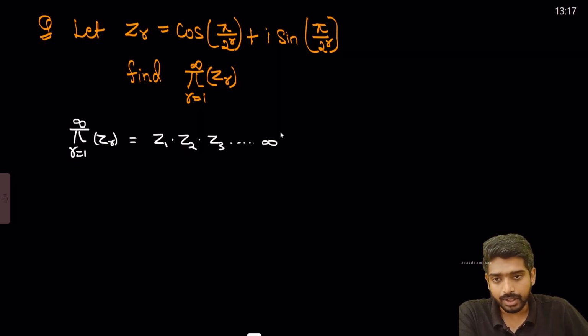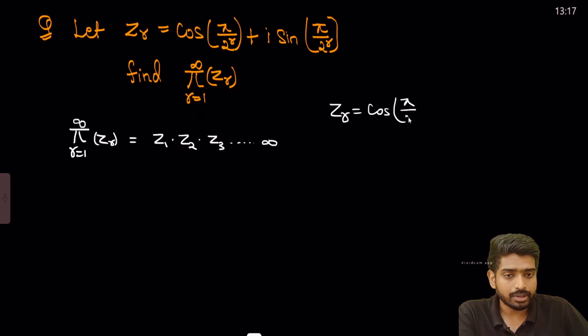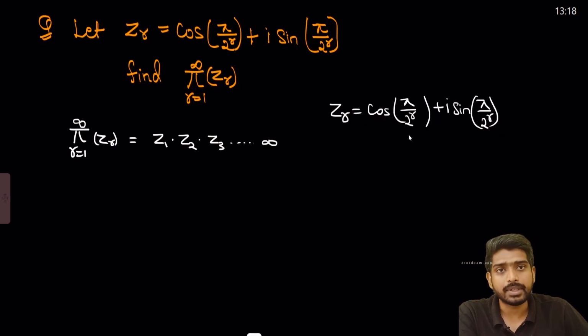Got it? Now, first we'll see this complex number. z_r is given as cos(pi/2^r) plus iota sin(pi/2^r). We have seen the complex number representation in Euler's form, right?